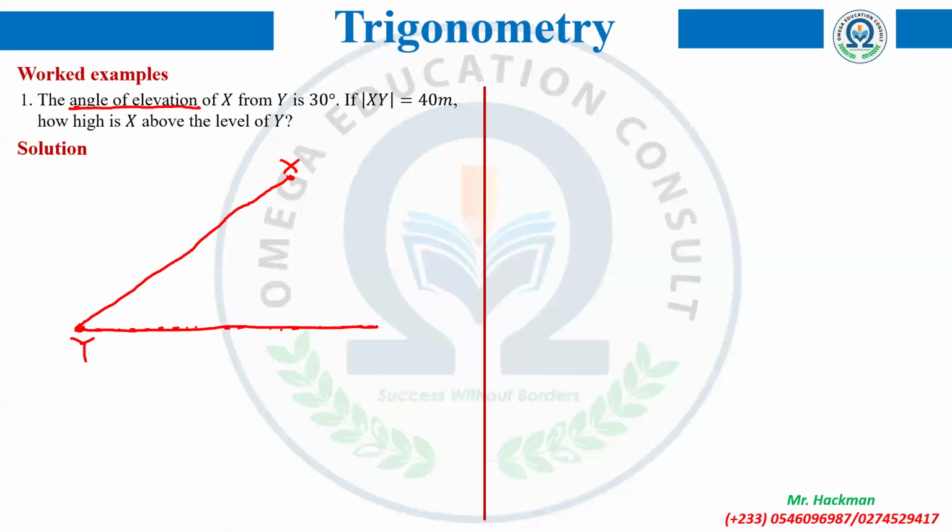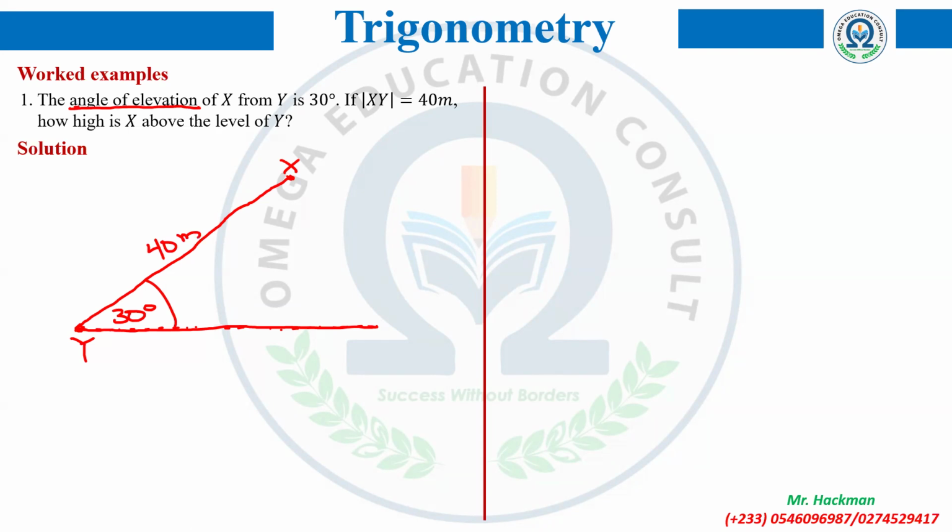I will indicate my 30 degrees here. This is my angle. However, remember the question has given you the distance between X and Y, that is the length XY. So I know that the length of my line XY is 40 meters. All correct?